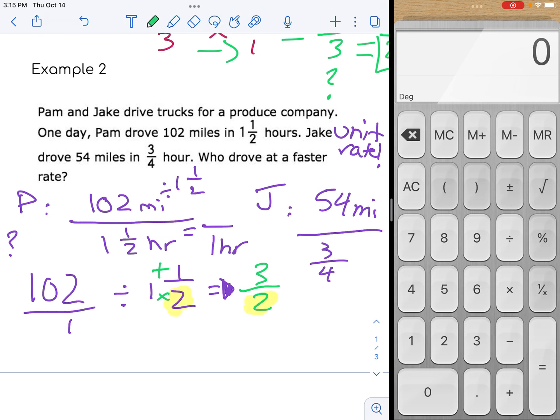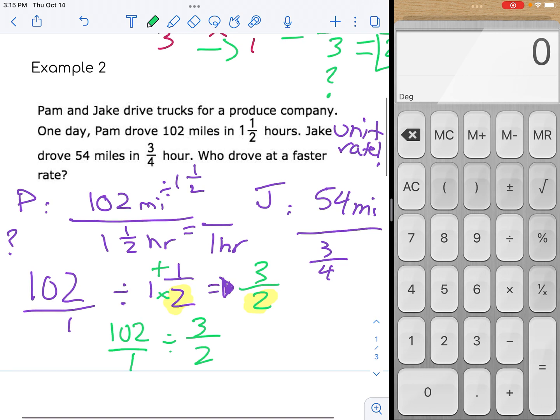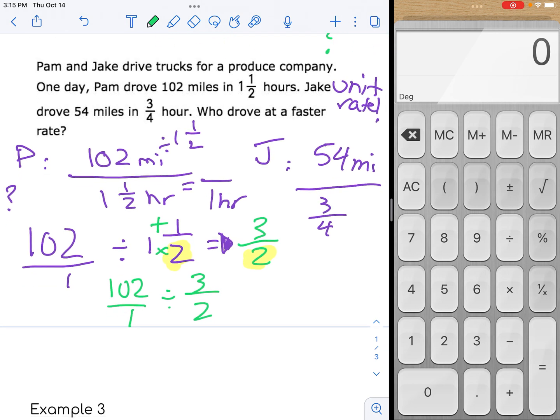So now I have 102/1 divided by 3/2. We want to do our keep, change, flip, or if you're used to Miss Matheny, inverse the second, multiply the rest. So 102/1 times 2/3.